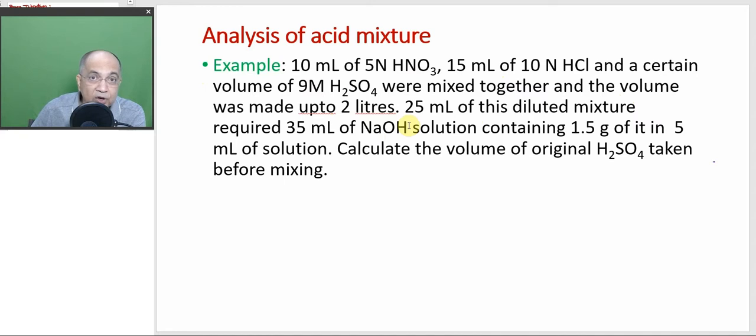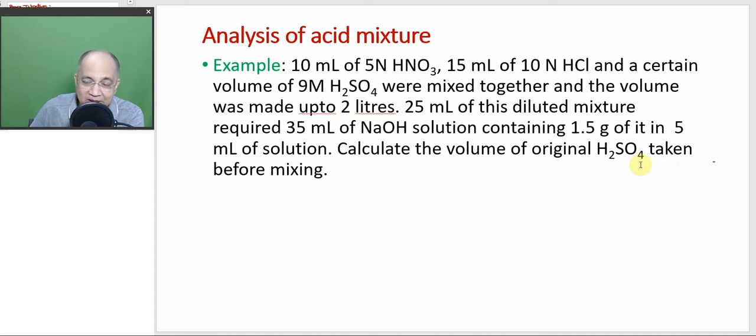And you take, for titration, 25 ml of this diluted acid solution, which required 35 ml of NaOH for complete neutralization. And that NaOH has the concentration 1.5 gram present in 5 ml solution. So from that data, you have to find the normality. Or you can do it like this: if 5 ml contains 1.5, then 35 ml contains how much?